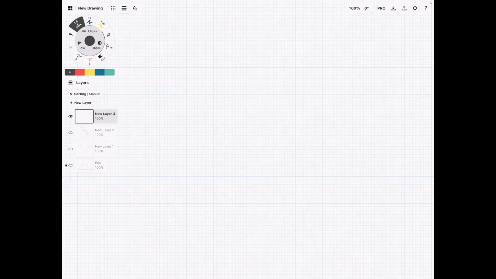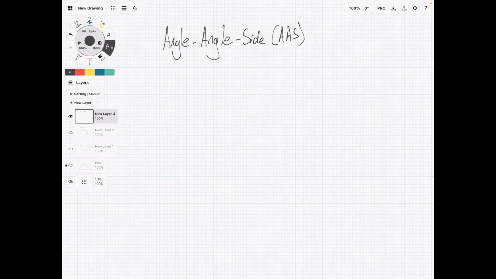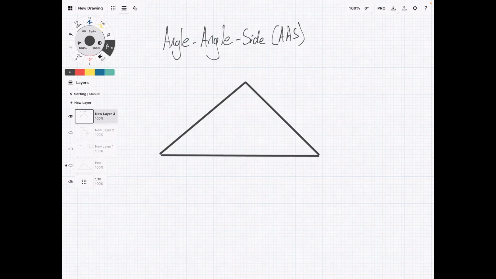Let's move on to another problem. The second type of problem, as you may have guessed, is called an angle-angle-side problem, or AAS. In these types of problems, you're given two of the angles, one of the sides, and then you'll need to figure out what the other ones are.